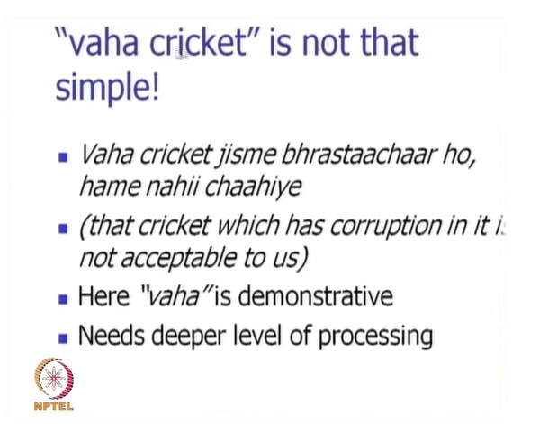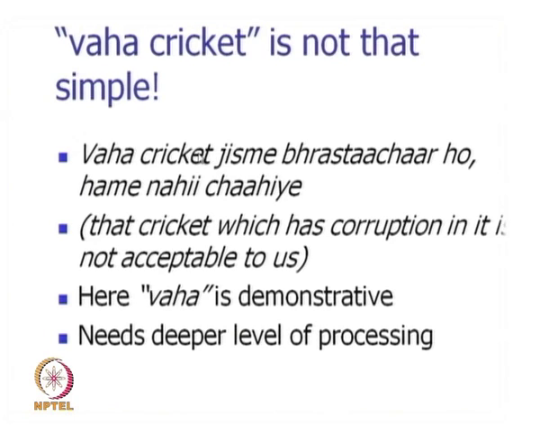This can be understood by looking at another example. Let us take this sentence, वो क्रिकेट जिसमें भ्रष्टाचार हो हमें नहीं चाहिए. That cricket which has corruption in it is not acceptable to us. Okay. So, this is a longer sentence. It is a complex sentence because it has two verbs, ho in the form of a main verb and chahiye is the other verb.